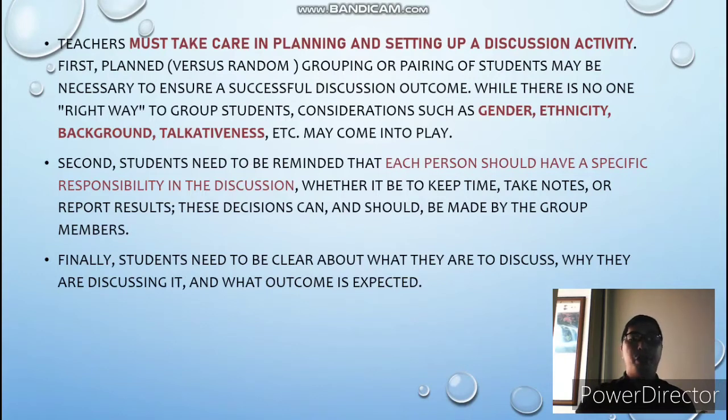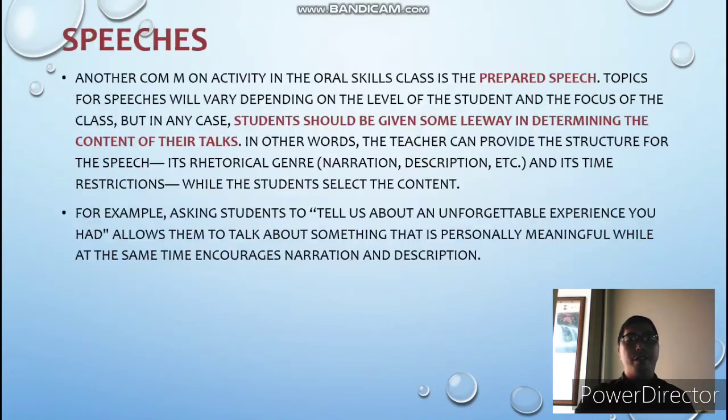Okay, so those are the three things that we should remember in coming up with discussion. So definitely, the oral skills or the speaking skills of the students would be developed when we provide them discussion activities.